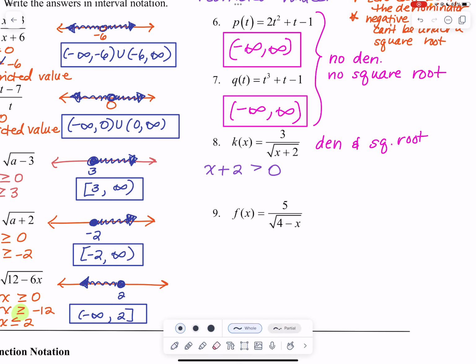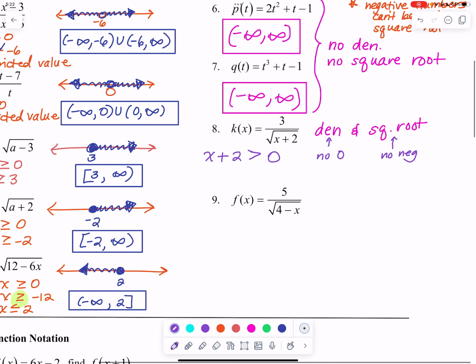We need to make sure that it is just positive. So no negatives, and in the denominator, we can't have 0. So x has to be greater than negative 2.